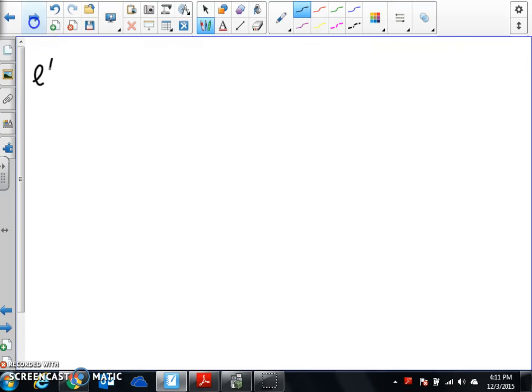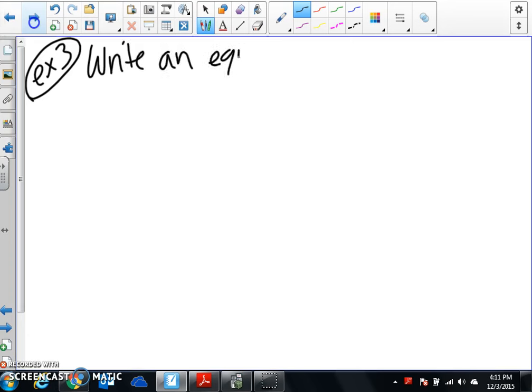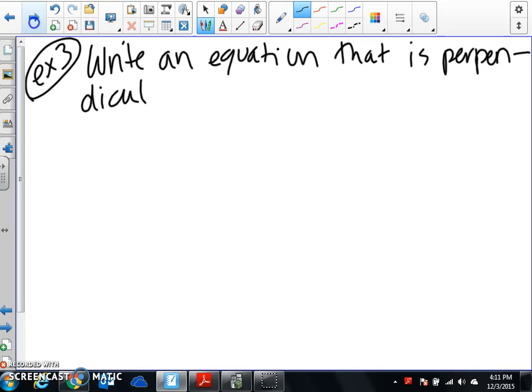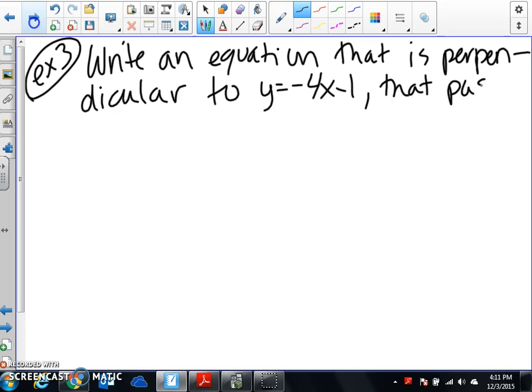They could also ask us to write an equation that is perpendicular to y equals -4x minus 1 that passes through the point -1, -4.